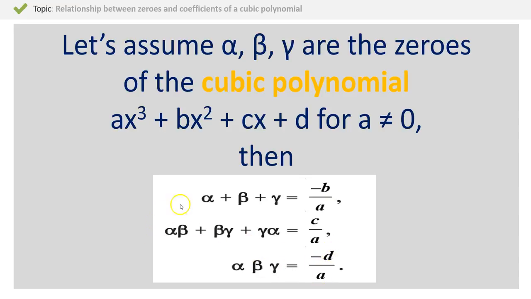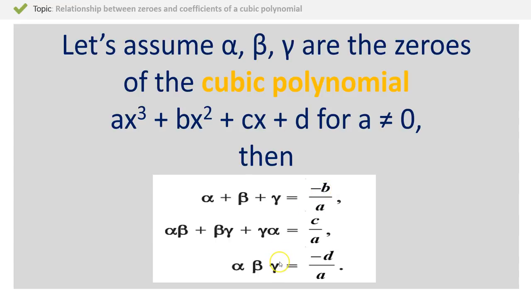And the product of two zeros taken consecutively, like alpha into beta plus beta into gamma plus gamma into alpha, is equal to c by a. So ideally, if we check, the sum is coefficient of x square divided by coefficient of x cube with a negative sign.